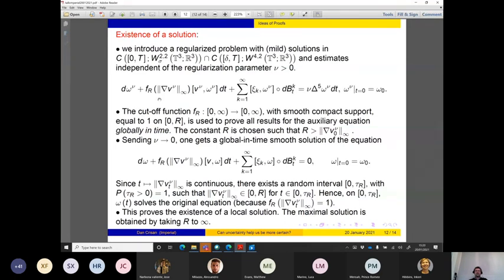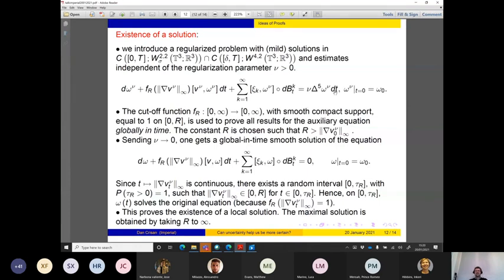Just one minute to say that, in order to show the existence, you perturb the nonlinear term. You introduce a cutoff function for the nonlinear term, and that's still not enough to show that the solution exists. You add a viscosity term in here. If I didn't have a 5 in here, this would be just a Laplacian term.